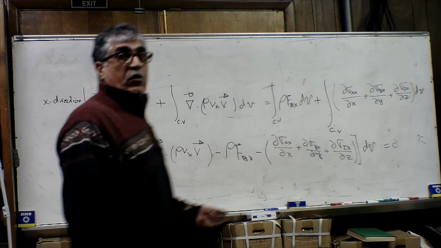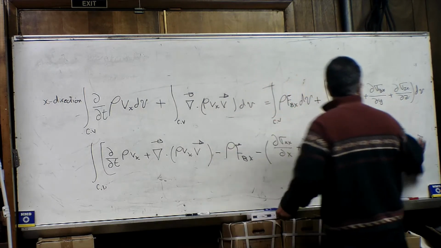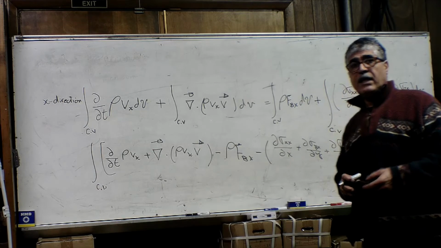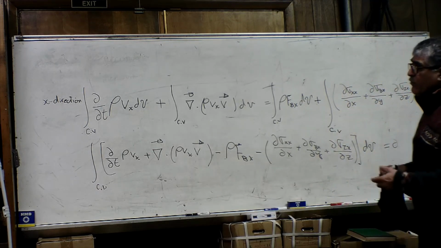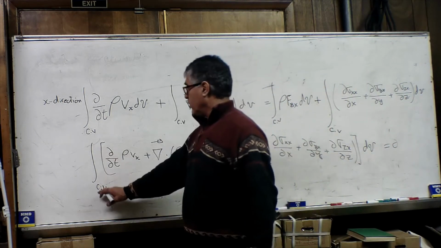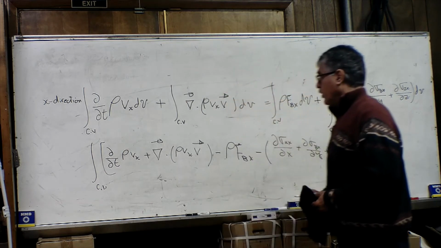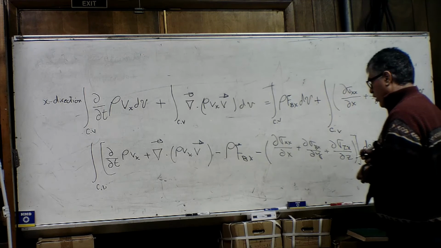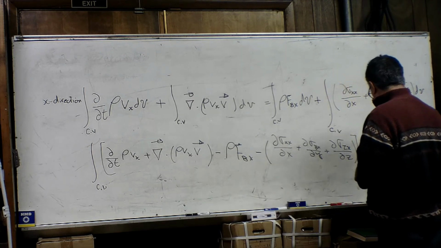Now, in order for us to reach here, we had assumed a system with a controlled surface and controlled volume. And because of that, this integral cannot be equal to 0. So in order for this equation to be 0, this portion of the equation must be equal to 0.